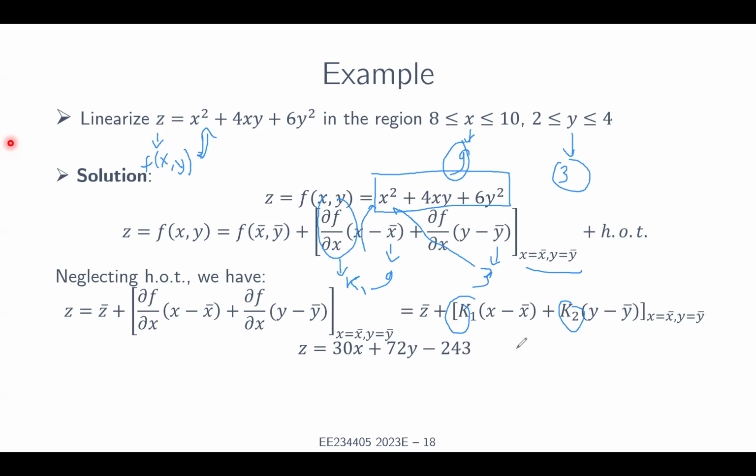K1 is just the derivative of f with respect to x, multiplied by x minus 9, plus, oh sorry, this should be y, the derivative with respect to y multiplied by y minus 3.